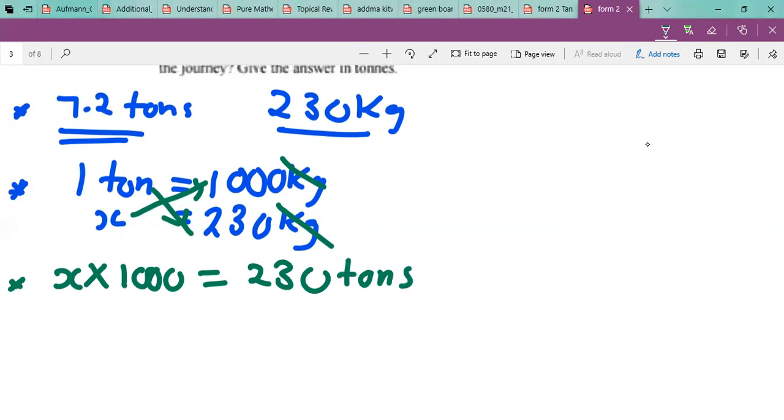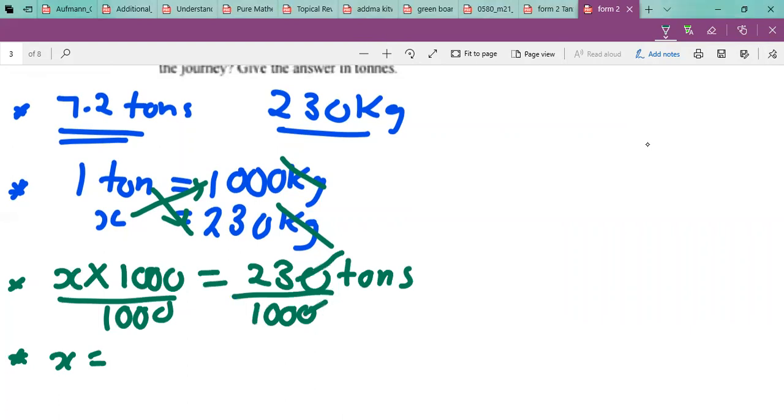Because 1 by 230 is 230. So we divide by 1,000. All right, so the number of tons that will come from 230 kgs will be, we can divide this 0 and 0, then say 23 over 100.